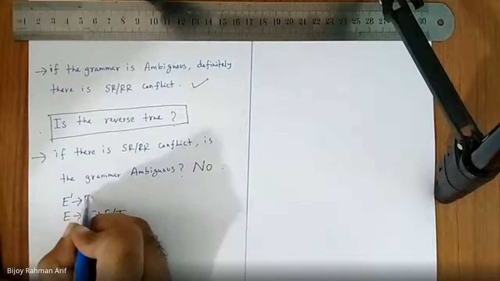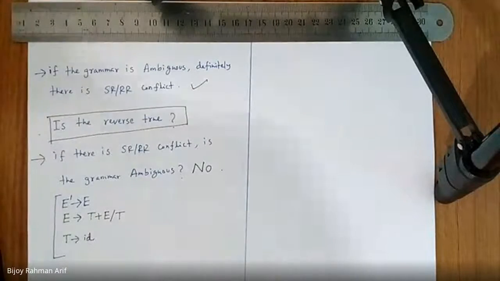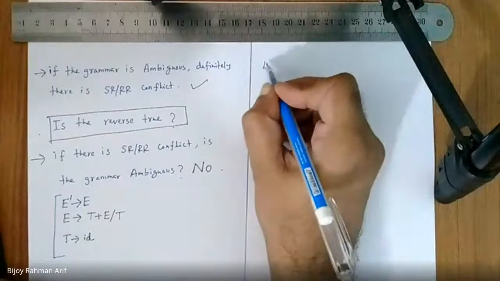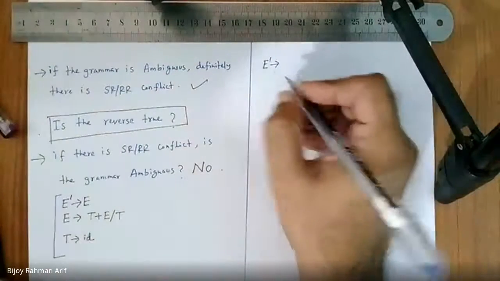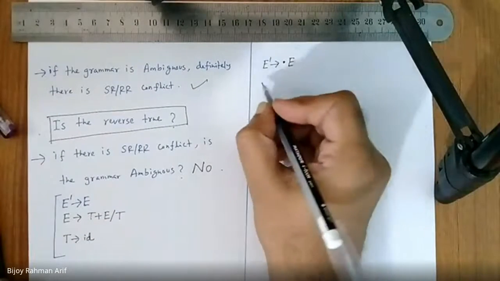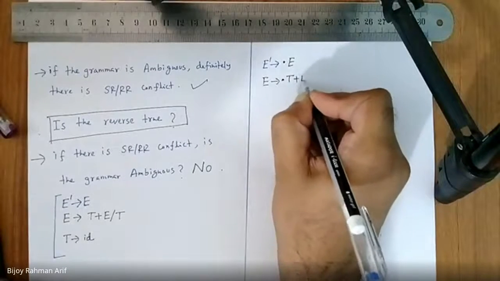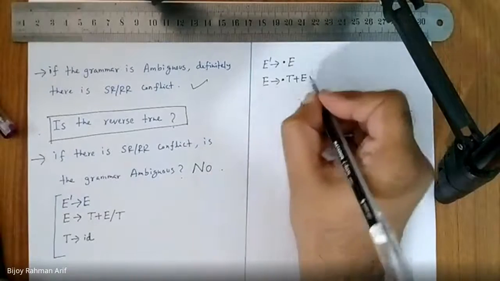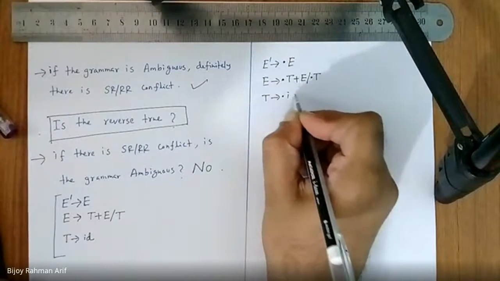Okay, so we add the augmented product. Then what is the first step I need to do? Find the closure. So let's try to find out the closure. E dash derives dot E, E derives dot T. We have to stop.